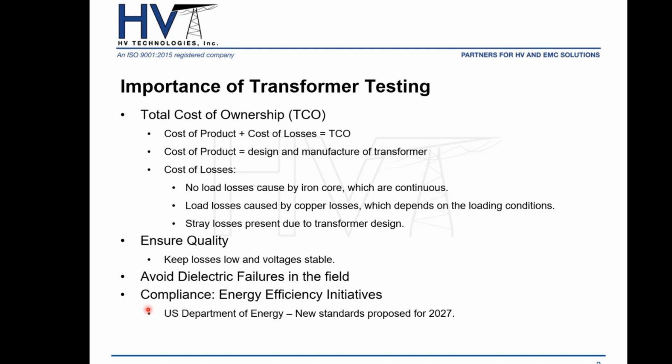For example, the U.S. Department of Energy in 2027 is proposing a new set of standards. So it's important that transformer manufacturers can meet those standards or exceed them, in order to stay active in the market.